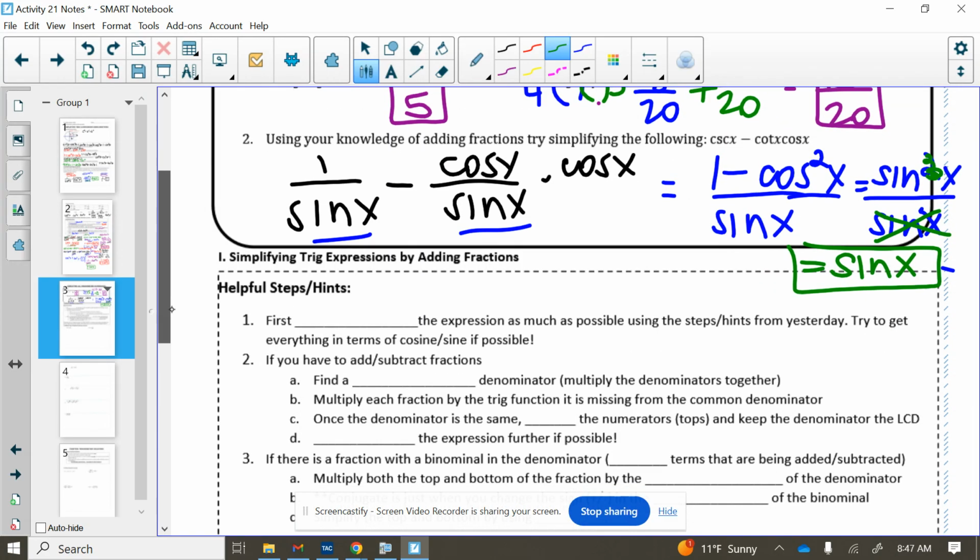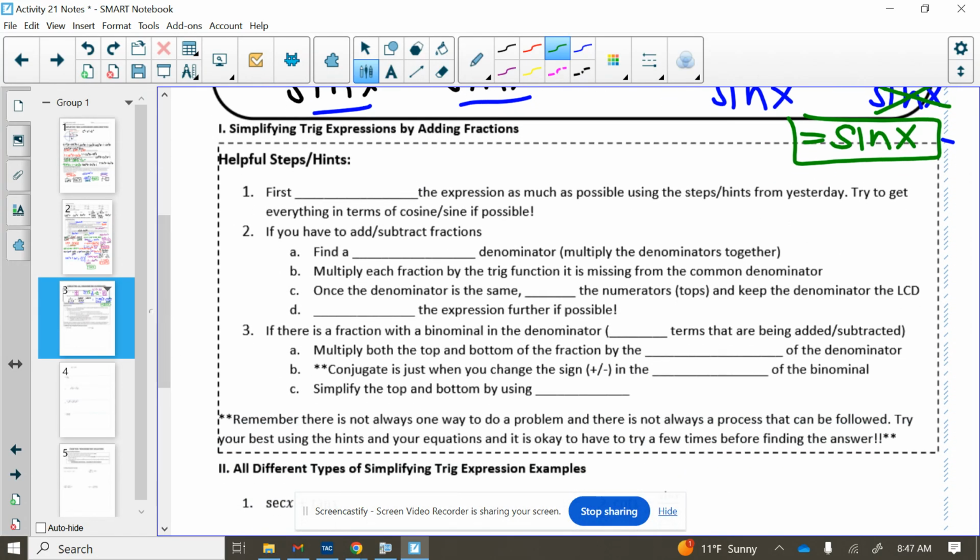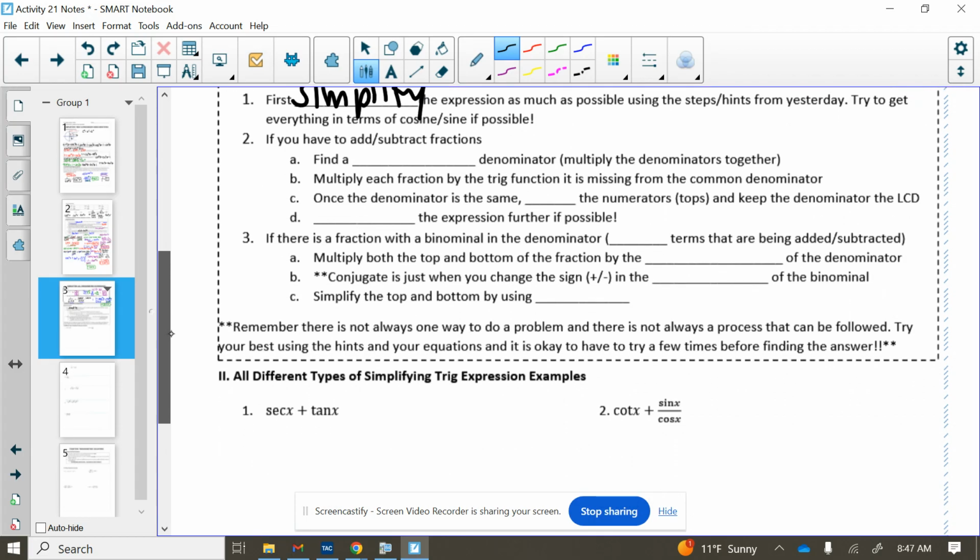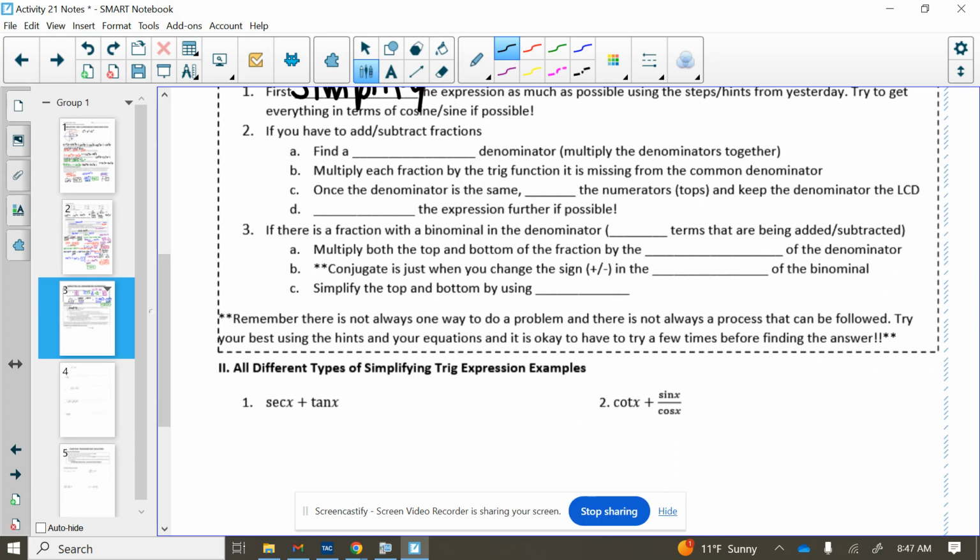Now this is going to play into today's stuff. So some reminders when it comes to simplifying. We always want to simplify the expression as much as possible using those hints from yesterday, using your identities, turning things into sine and cosine, etc. We also are going to add in adding and subtracting fractions. So again, we need a common denominator each time if we are adding two fractions.